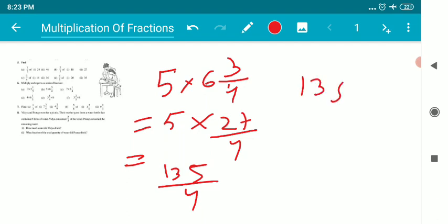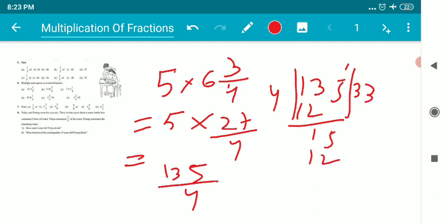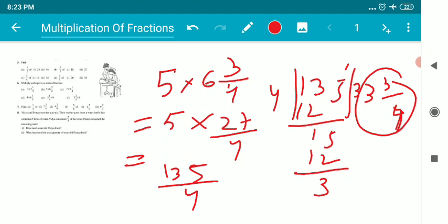So 135 I am dividing by 4, 3 4s are 12, 1 will be there, 5 will come down. So 3 4s are 12, 3 is the remainder. Answer is 33 3 by 4. This is how we get our answer. So children, I believe this much is clear to everyone.